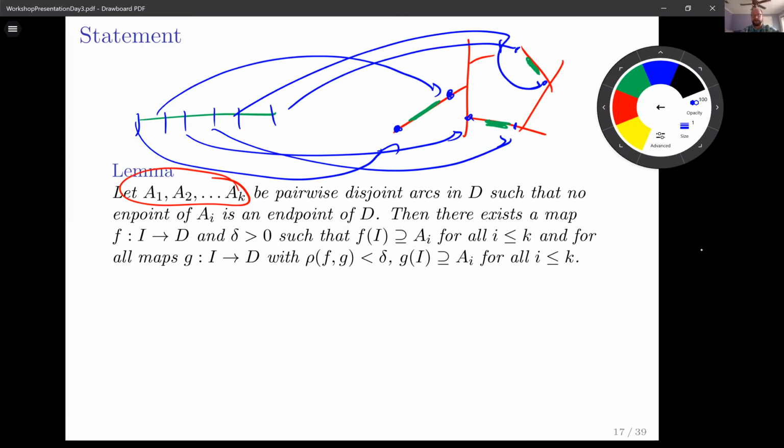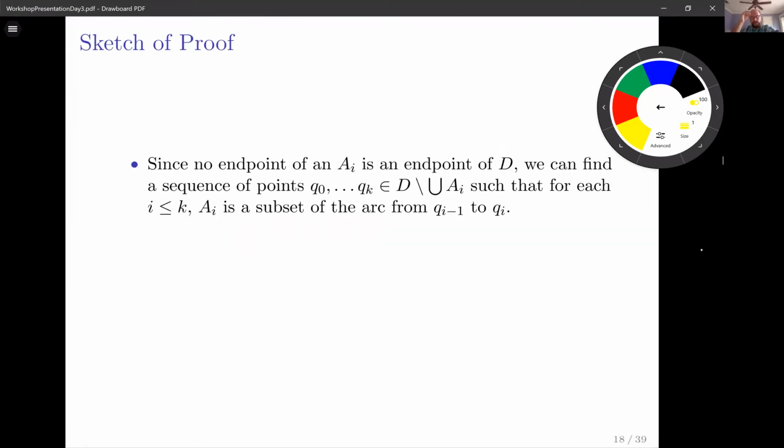Its image will contain all those green arcs. And if I have a map G, which is close to F, then the image of these blue points will be pretty close, okay? And will still be forced by unique arcwise connectedness to cover the green arcs. All right, so that's the picture we want to draw. All right, so since no endpoint of A_i is an endpoint of D, we can find a sequence of points, q_0 through q_k, in D, take out the union of those arcs, such that for each i less than or equal to k, A_i is a subset of the arc between consecutive points there.